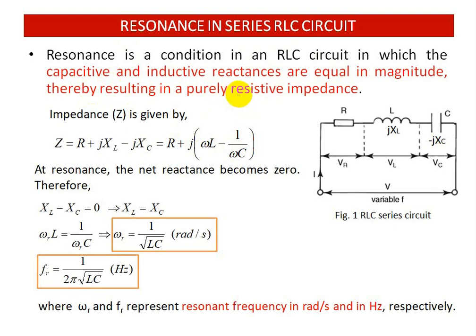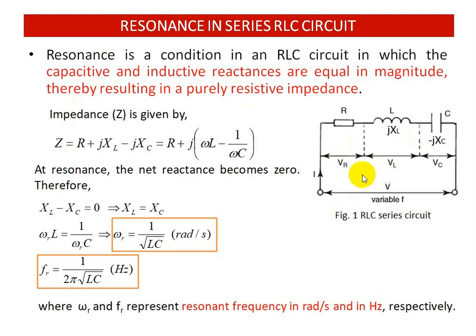It means the resonance occurs when the inductive reactance becomes equal to capacitive reactance and the circuit impedance becomes equal to resistance. At this instant, the net reactance in the circuit will be zero.